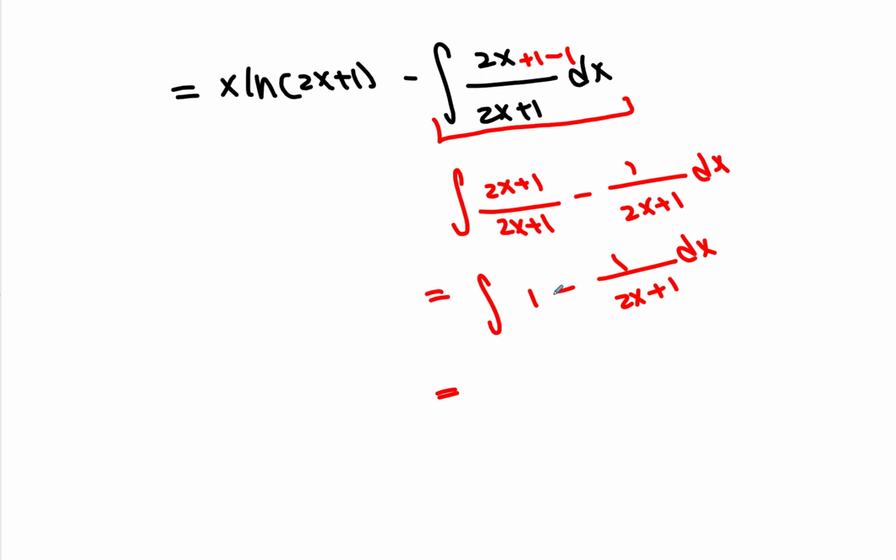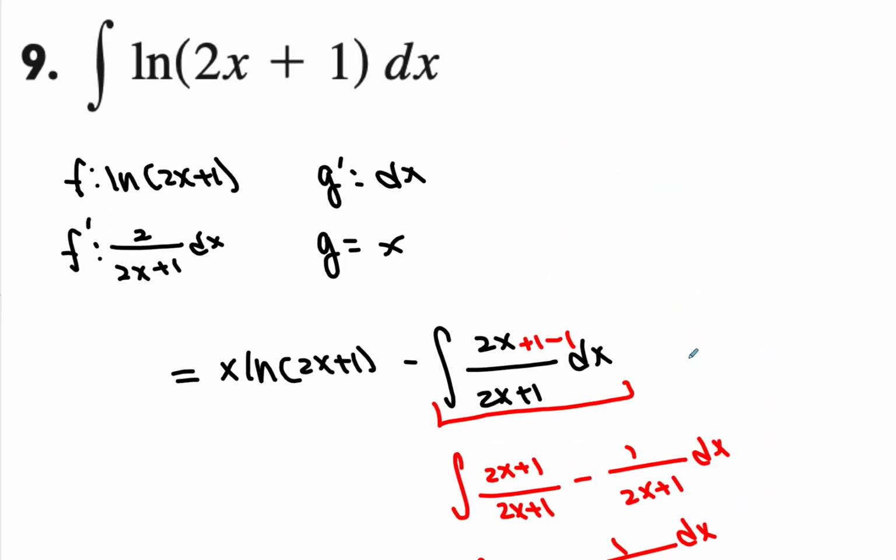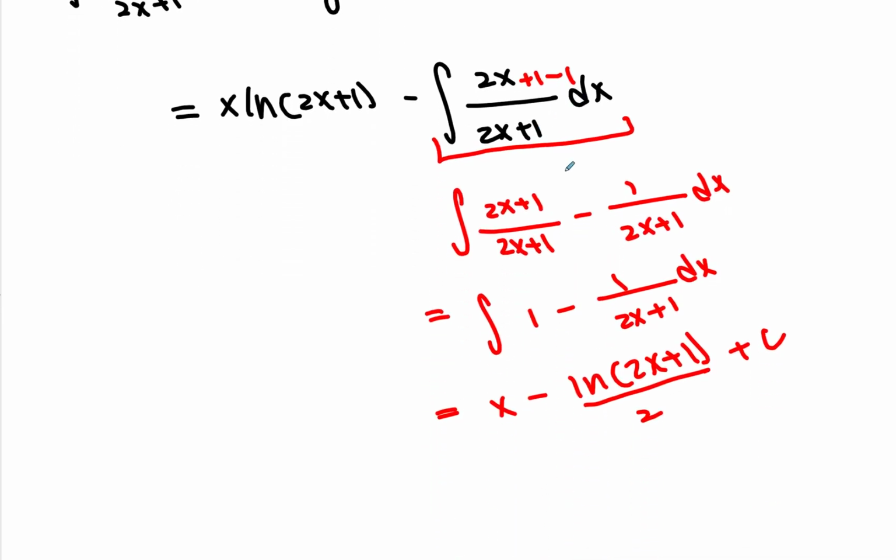When you integrate the first component here, it becomes x. The second one is minus ln of 2x plus 1. I didn't put down the absolute value because I didn't have absolute value initially, so I'm assuming that it is okay here. And by the chain rule, I'm going to divide this one by 2. And plus c.